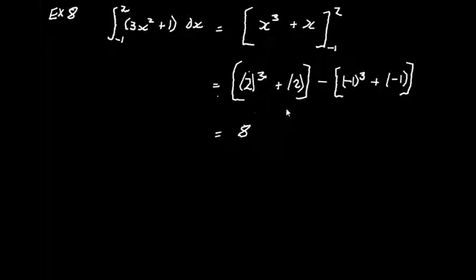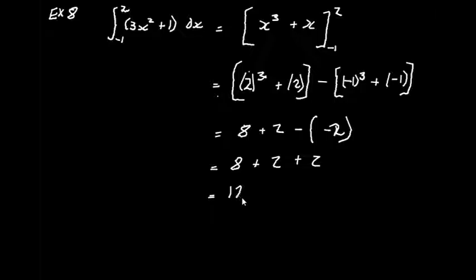So I get 8 plus 2, take, and this will be minus 1 plus minus 1, which is minus 2. So as you can see, I'll get 8 plus 2, two negatives make positive, so my answer will be 12.